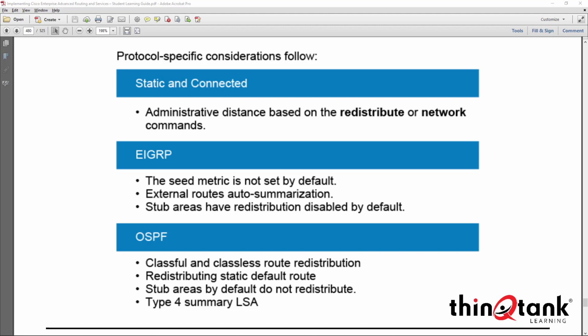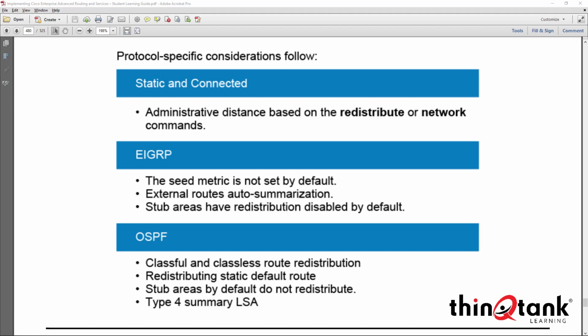So if it's network 10.10.0.0, 10.10.1.0, 10.10.2.0, 10.10.3.0, those are all DEX routes coming from an external process. I cannot summarize those 4 networks by themselves. If I somehow include a prefix that's in the routing table from an internal routing process, a D route, or I include a connected route, then the summary can be generated. All right? So that's a little caveat that you have to consider.